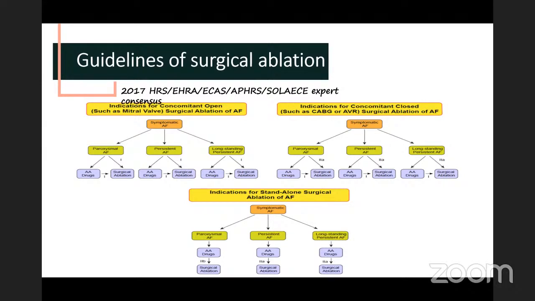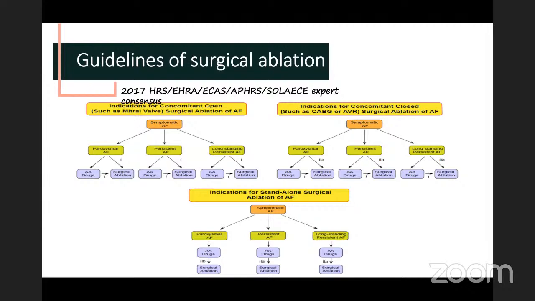In case of other cardiac surgery like CABG or AVR, concomitant surgical ablation is class 2A rather than class 1 as in mitral valve surgery, based on the evidence they had at the time the guidelines were published.